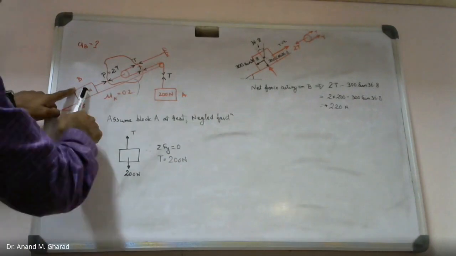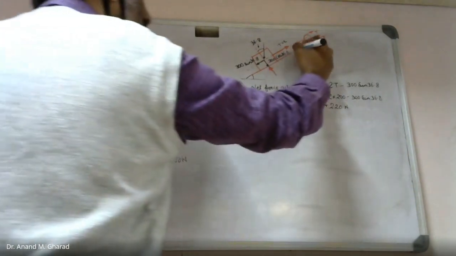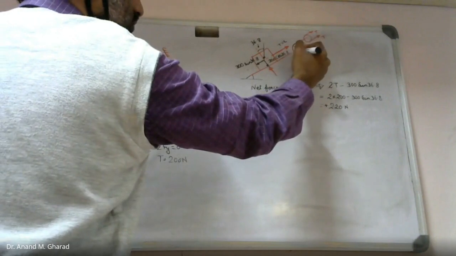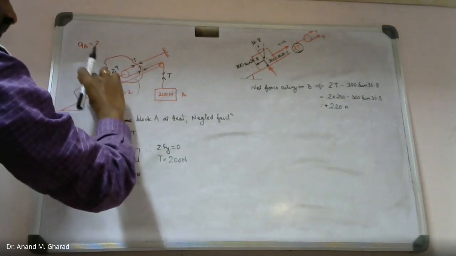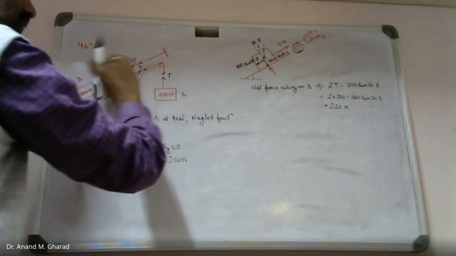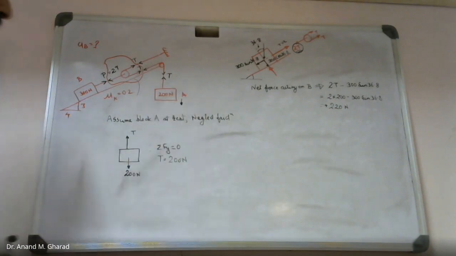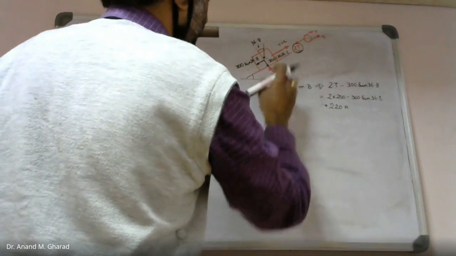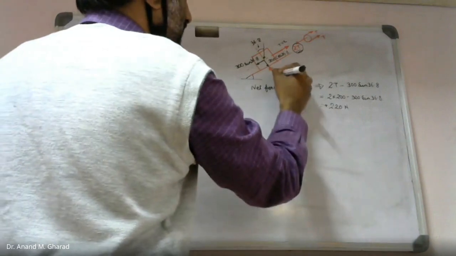Although 300 is greater than 200, because of this arrangement we get tension of 2 times T, and because of this 2 times T, this will compel block B, although it is heavier, to move in the upward direction, and this block A will be moving in the downward direction.